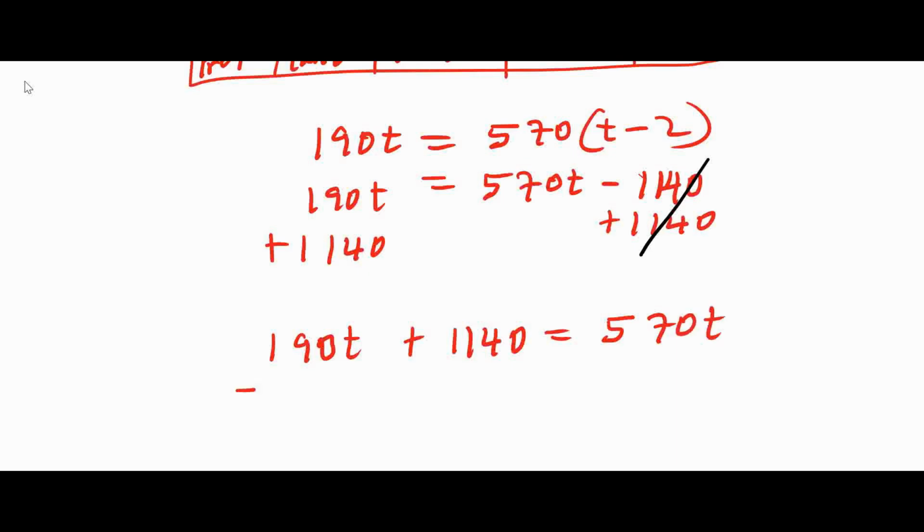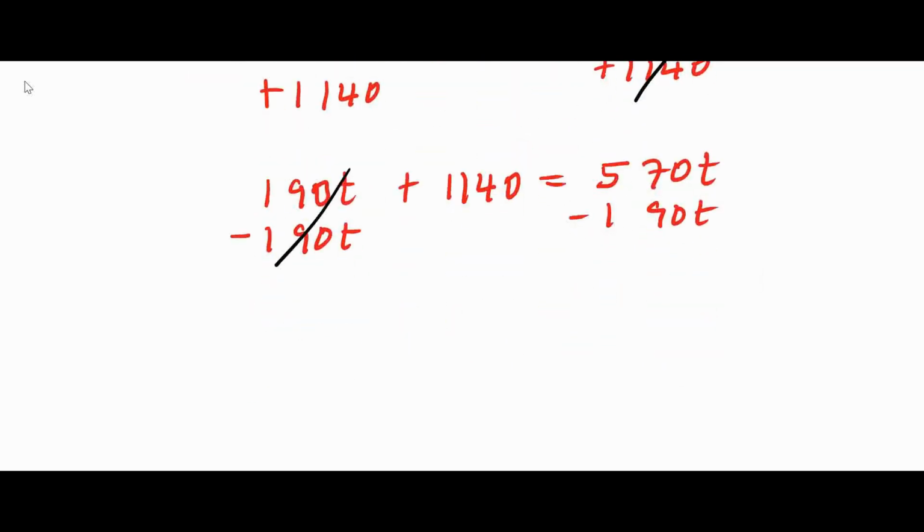So we can simply subtract 190 t from both sides, and this will be out. Now we have 1,140 is equals to 570 minus 190, and this gives us 380 t. So we can divide both sides by 380 t.